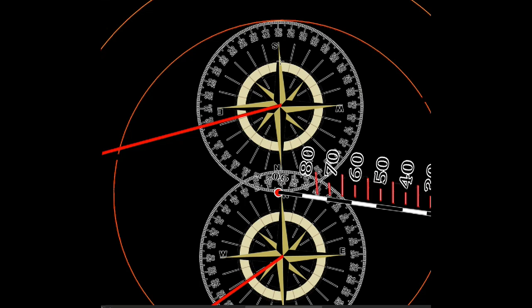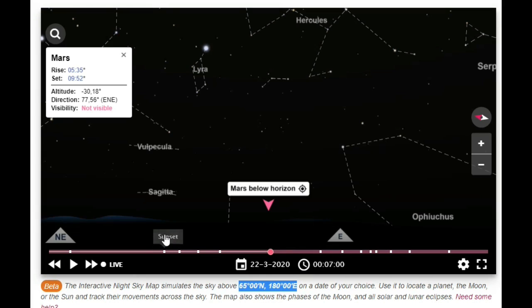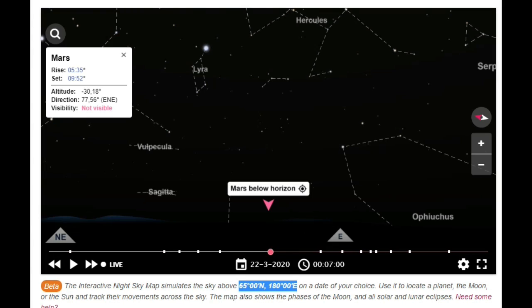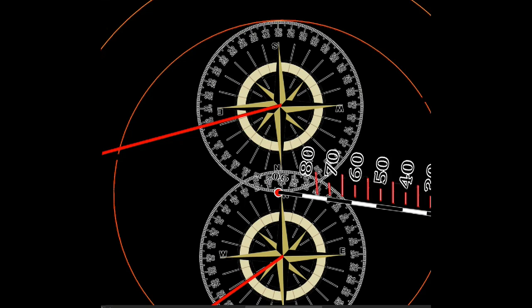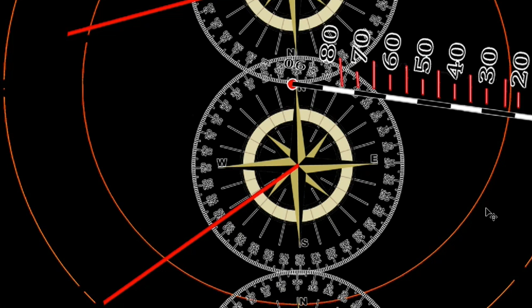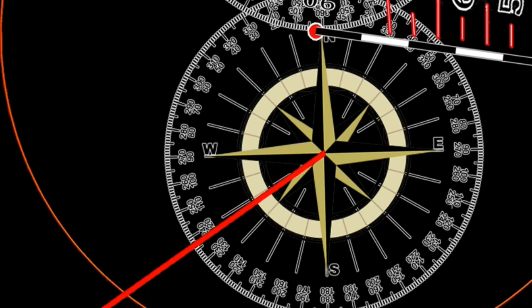Here we have the 77 direction for 65 north, 180 degrees east, 77 azimuth. Here we have the 65 latitude north on the prime meridian.